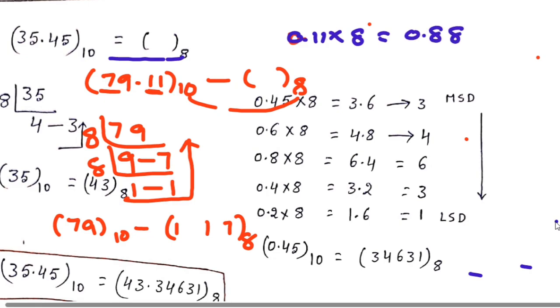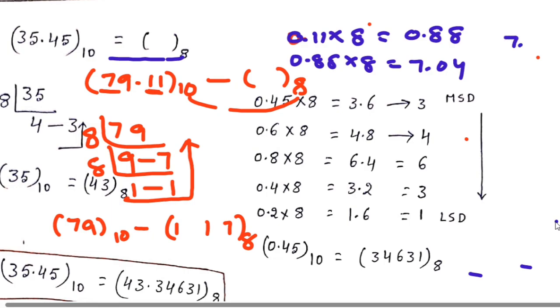Just a second, I'll use the calculator. 0.11 into 8 gives 0.88, and again take 0.88 into 8, which gives 7.04.